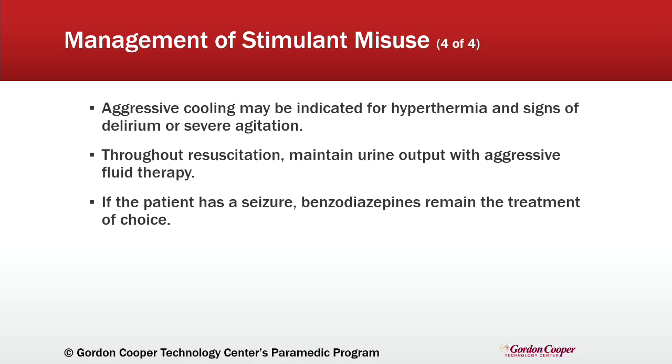If the patient experiences seizures, follow that protocol, which may include benzodiazepines. Lastly, neuromuscular blockade may be required to manage severe agitation and prevent hyperthermia, acidosis, and kidney failure. However, online medical control is typically required before initiating any kind of neuromuscular blockade on these patients.